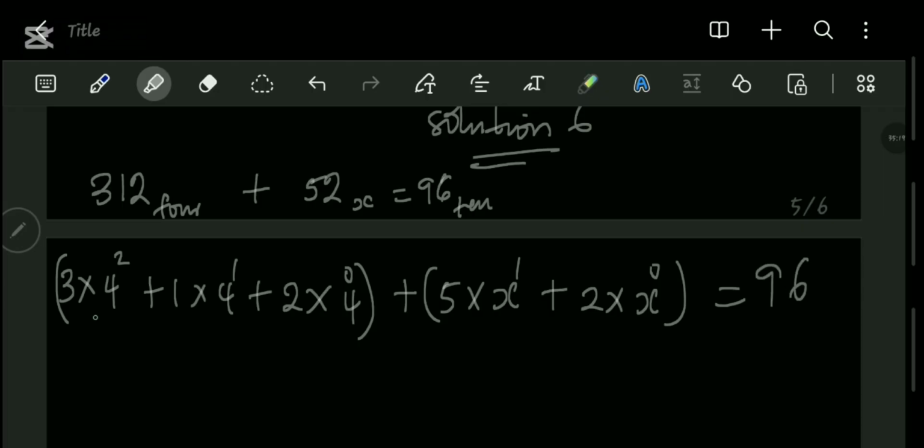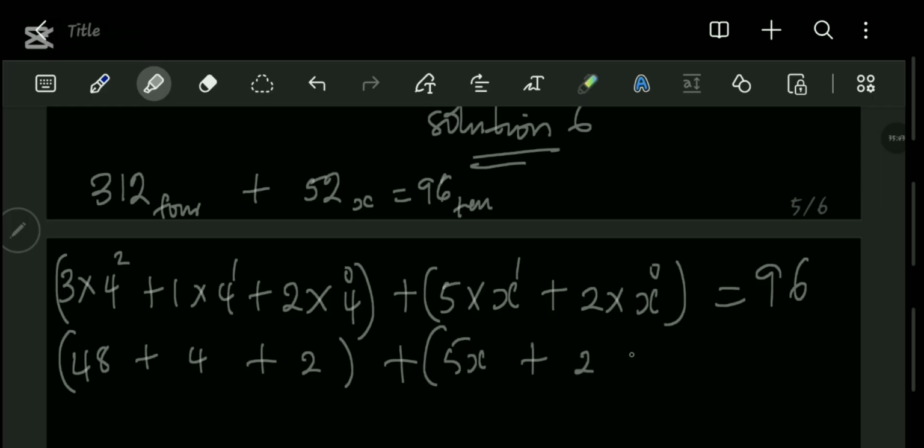So I work on this part. This is 4 to the power 2, giving me 16 times 3. That's 48, plus 4 to the power 1 is 4 times 1 is 4, plus 4 to the power 0 is 1 times 2 is 2. Plus x to the power 1 is x times 5 is 5x, and then plus x to the power 0 is 1, and 1 times 2 is 2, and that's equal to 96.